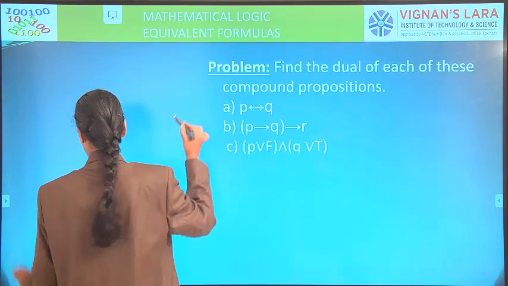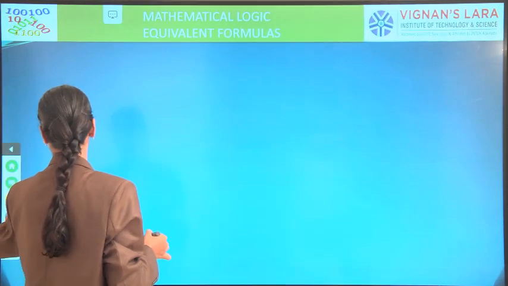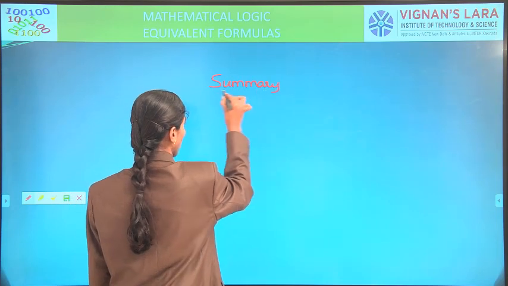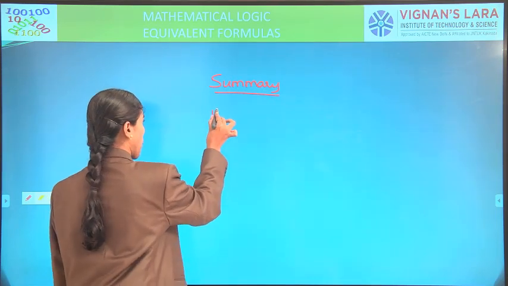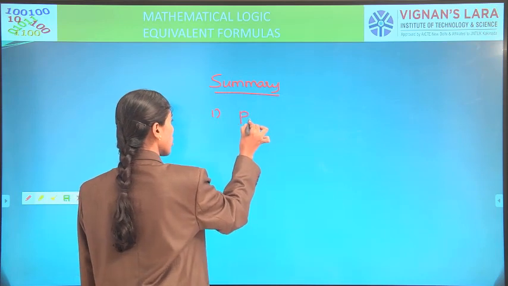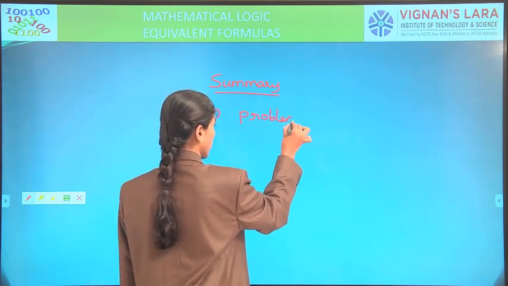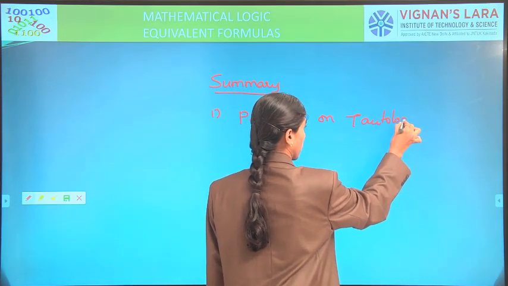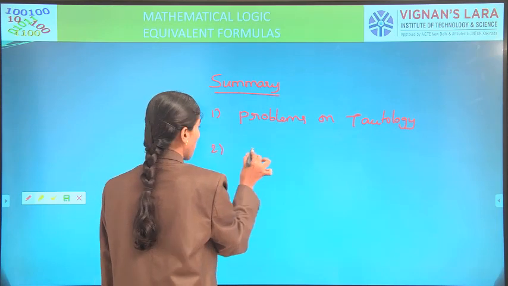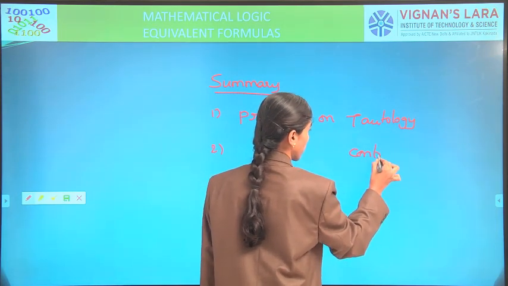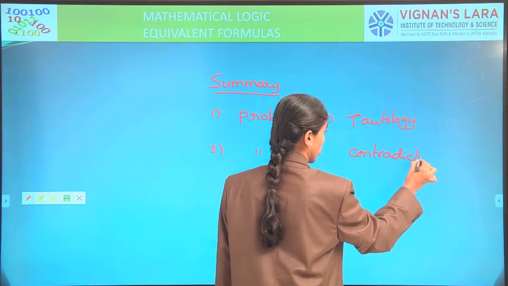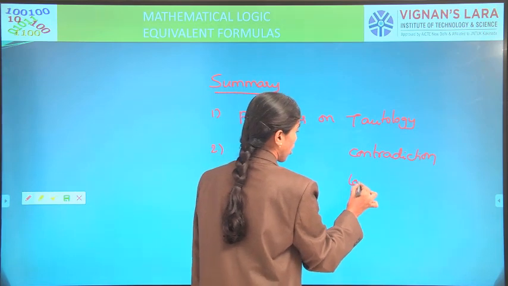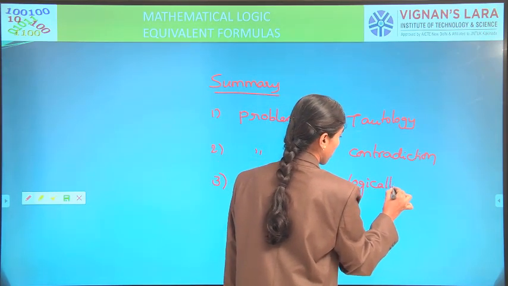So the summary of this class is, we solved the problems on tautology, then problems on contradiction, then problems on logically equivalent.